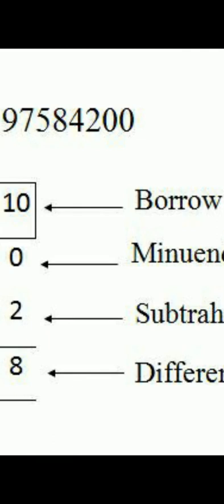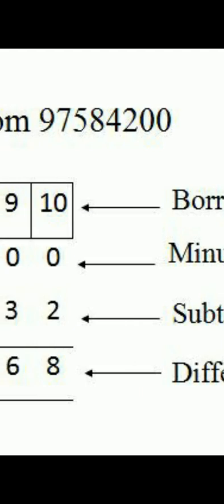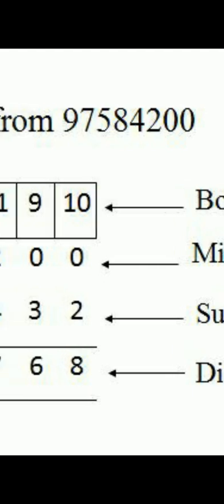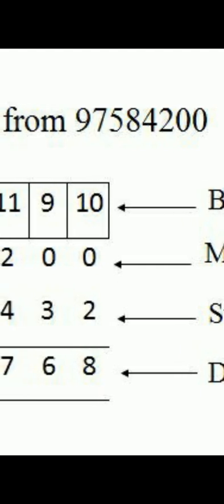Now, as you are seeing here, can you subtract 2 from 0? No. So what will we do? We will take a borrow from the next digit, but the next digit is 0, so again we can't borrow. So this second 0 will take a borrow from the next digit, which is 2. So this 2 will become 1 and this 0 will become 10.